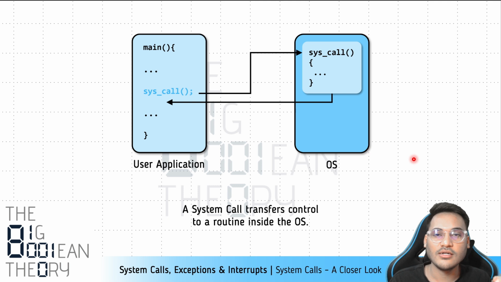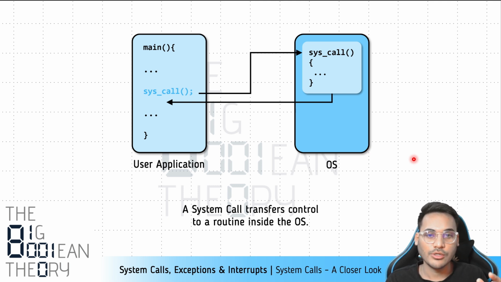So let us start the discussion with this basic understanding that we developed in the previous video. Here you can see there is the user application, and this is the main function, and this is the system call. We talked about this in the previous video, that the system call looks just like a function call. Here we have a dummy system call, sys_call. When this system call is invoked, you can see that the code for this routine, the syscall routine, is defined inside the operating system's code.